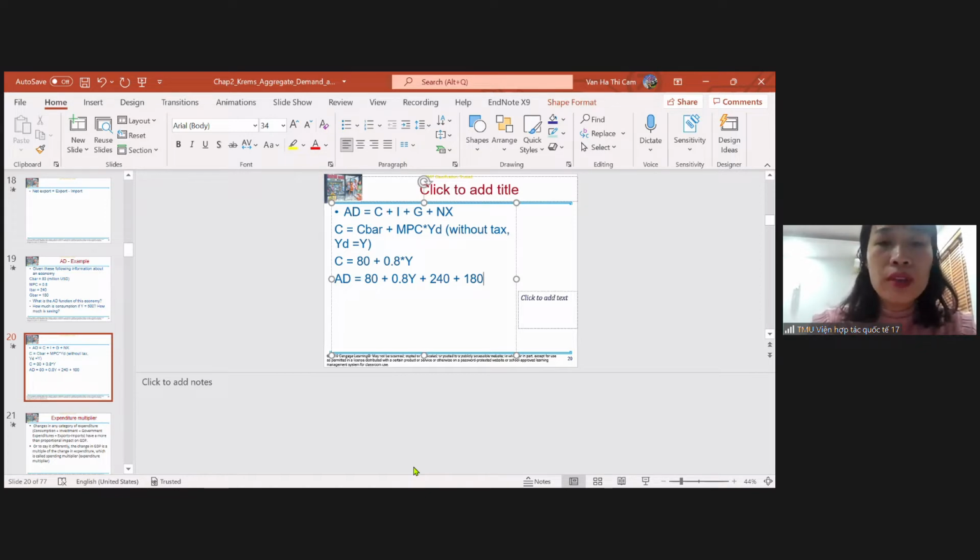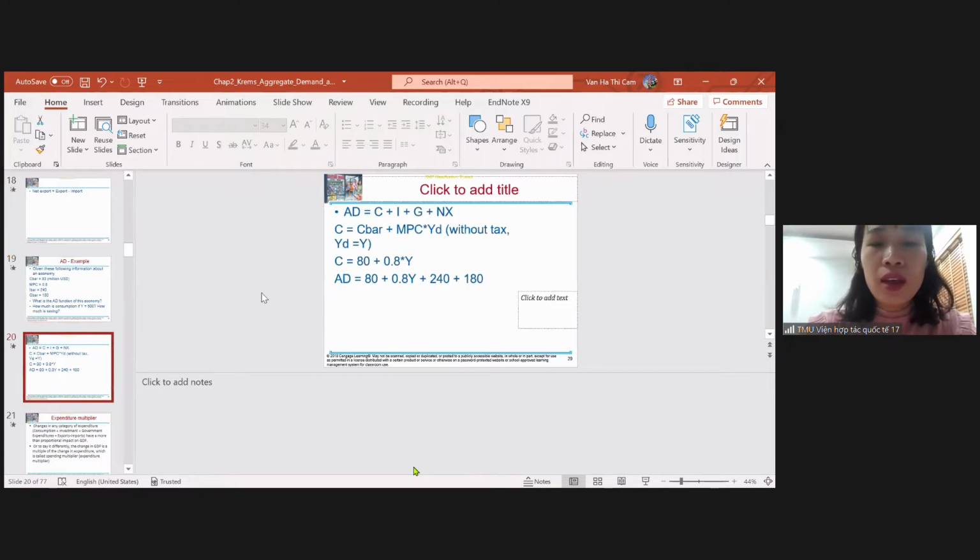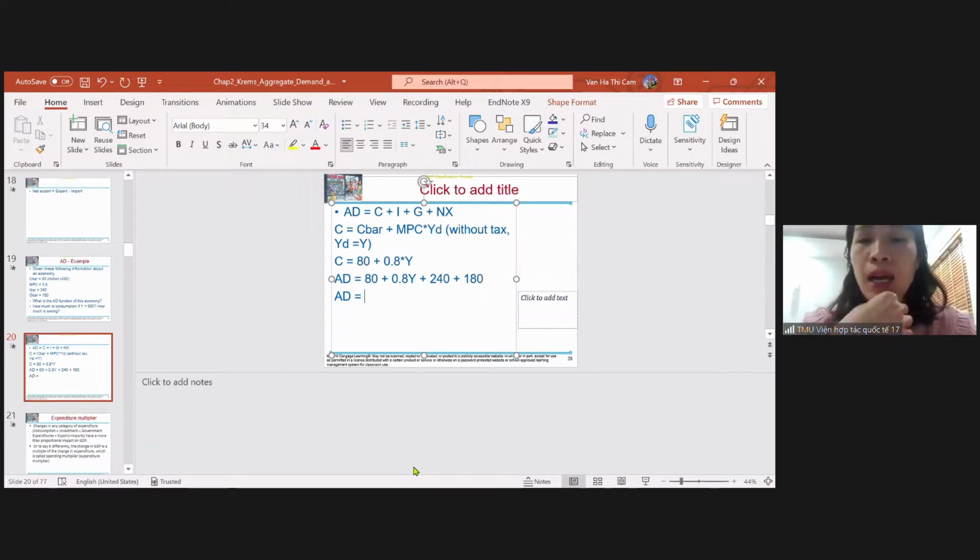There's no export and import here, so we only have the three components C, I, and G. So this is the AD function for the economy. You can also write it in a shorter form: AD equals 500 plus 0.8Y. So this is the AD function. Okay, you got it? You got the idea?